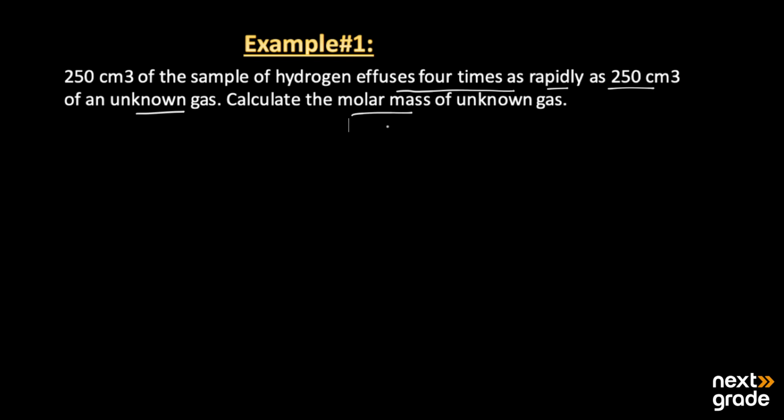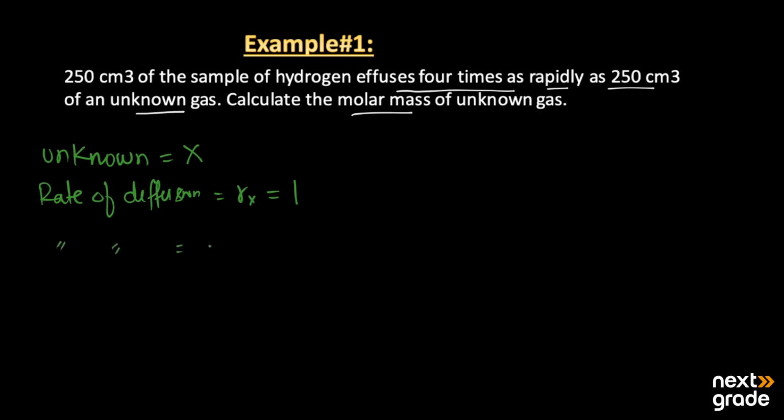For this purpose, let's say we have an unknown gas, which can be represented by the symbol X. Then the rate of diffusion of the unknown gas, denoted by R_X, is equal to 1, and the rate of diffusion of hydrogen, which is given, is 4.